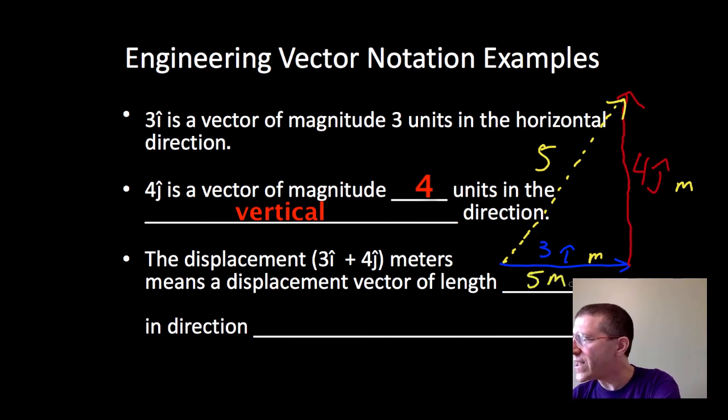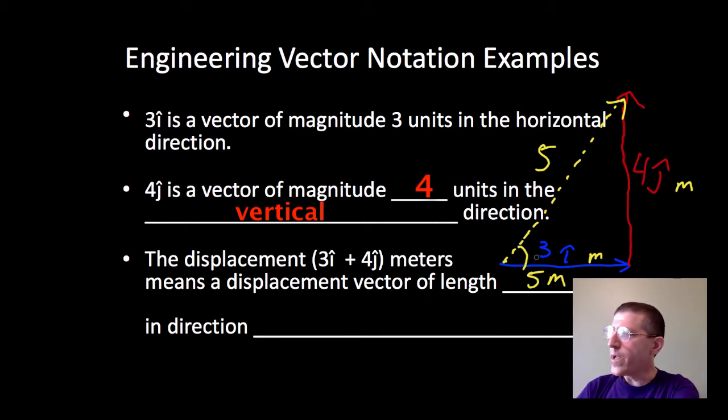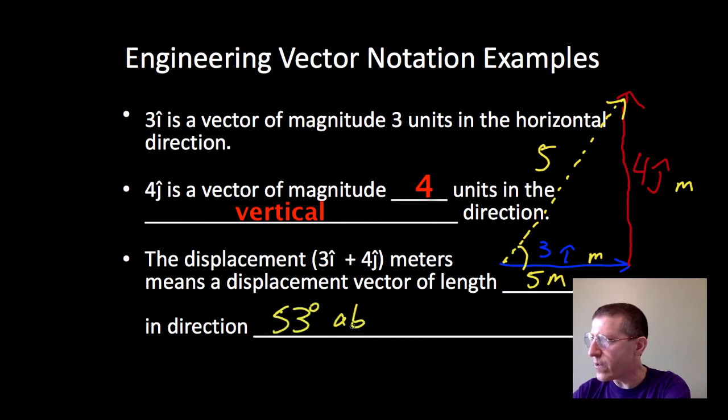And what direction is that in? In other words, what is that angle right there? Well, if we do a little trigonometry, an angle with opposite side of 4 and adjacent side of 3 is approximately 53 degrees above the horizontal.